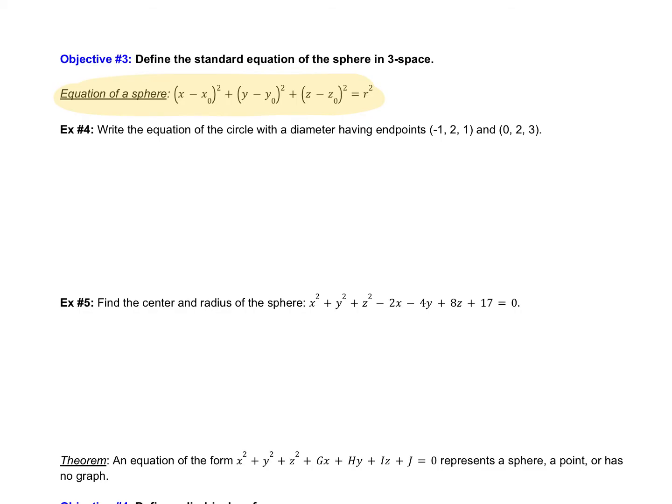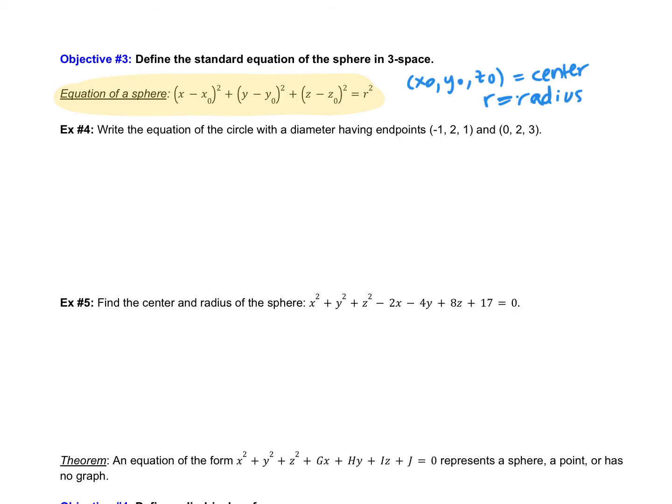So what I mean is x naught, y naught, z naught is the center of the sphere, and r, like it was before, is the radius of the sphere. So there we go. We're going to do a few examples with spheres because this comes up in a variety of ways. And then the last thing that we will be doing in the video is talking about some graphing.